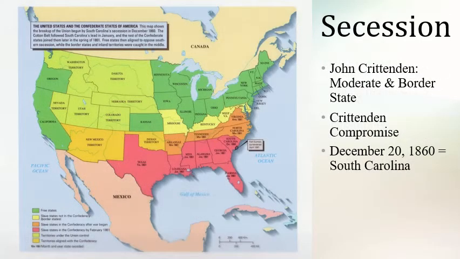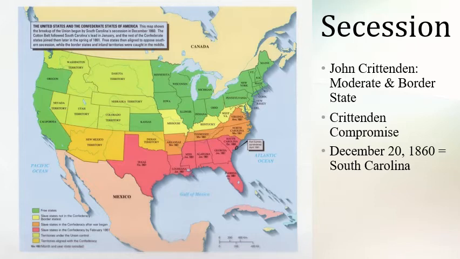Let's now talk about this path to secession. We're going to begin with Senator John Crittenden, who represented the border state of Kentucky. John Crittenden attempted to bring the nation back from the edge by proposing in late 1860 several constitutional amendments to the Constitution.